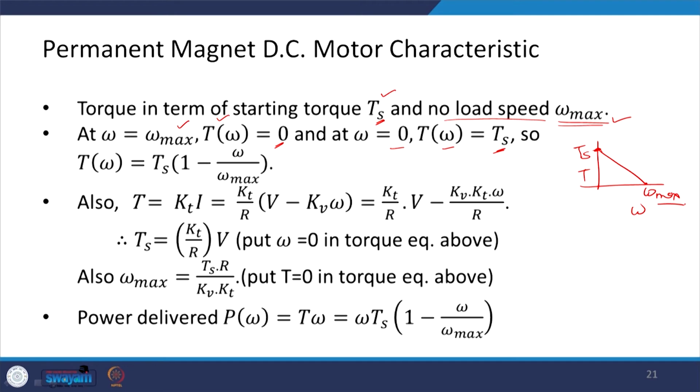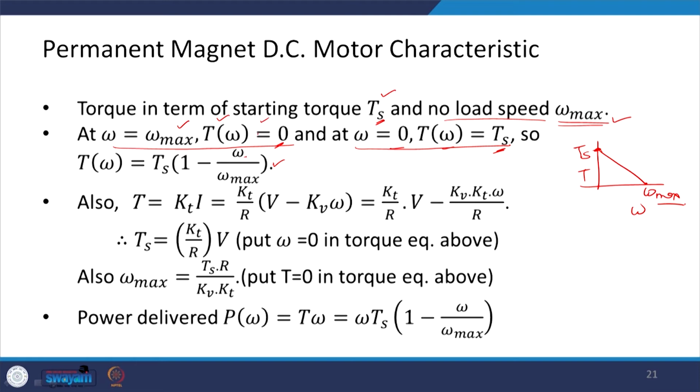Now, I can represent this relationship with a single equation, that is T = Ts (1 - omega/omega max). If I put omega equal to omega max in this equation, this factor will be 1 minus 1, so it is 0, and I will have T equal to 0.